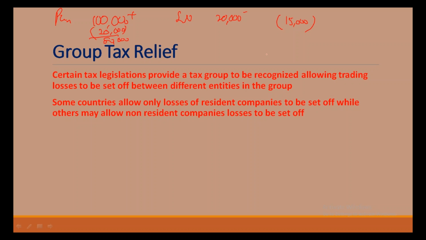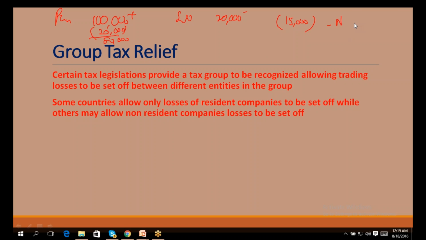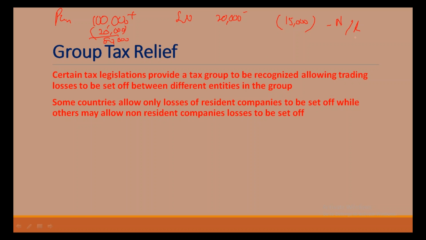But if it can be claimed, even though this is a non-resident company, you can claim the 15. And again, you have to look carefully at what the examiner is telling and do whatever he is telling, and that must be the right way to go.